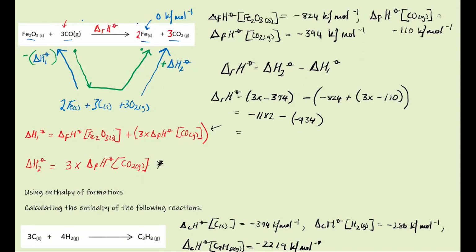Now our final answer therefore becomes minus 248 kilojoules per mole. Now this value here tells us it's an exothermic reaction, and it's a relatively large exothermic reaction. So those are the 2 enthalpy of formation calculations we do in this video.